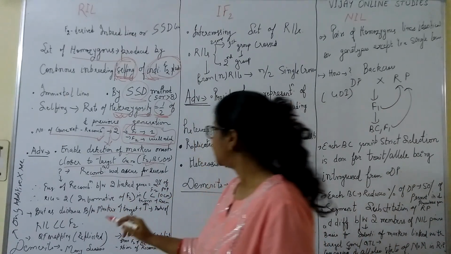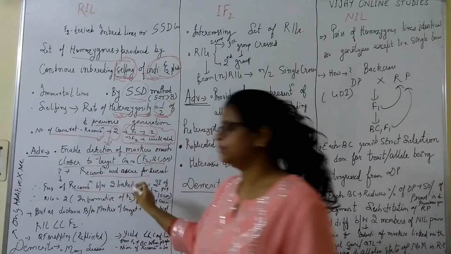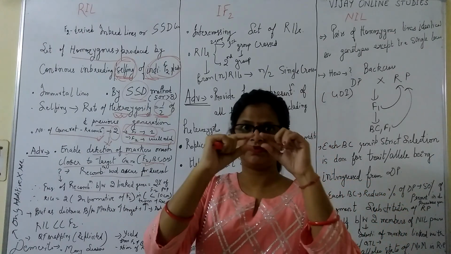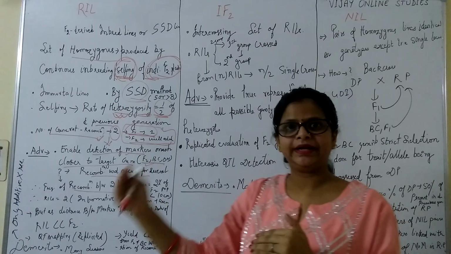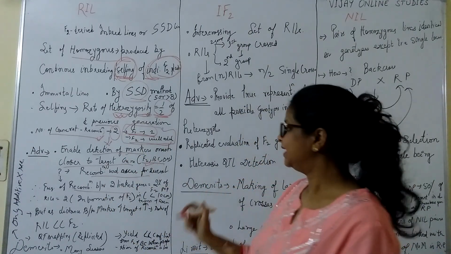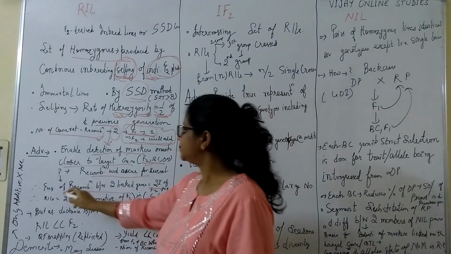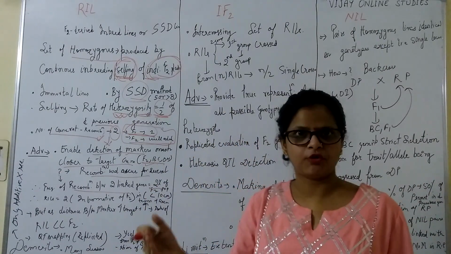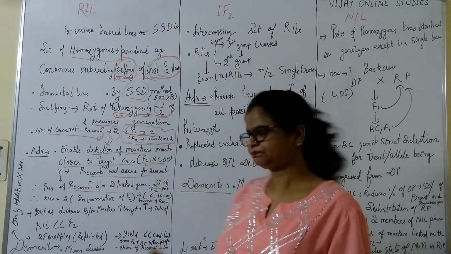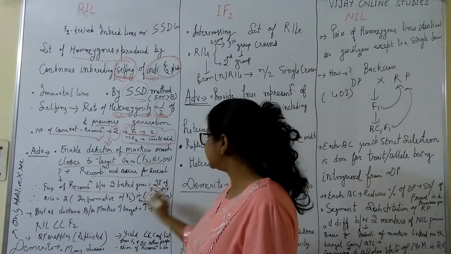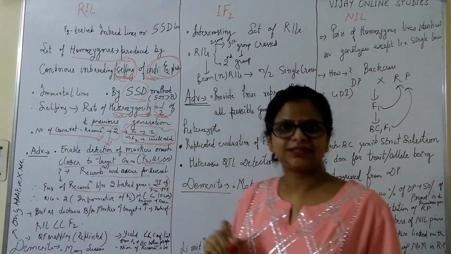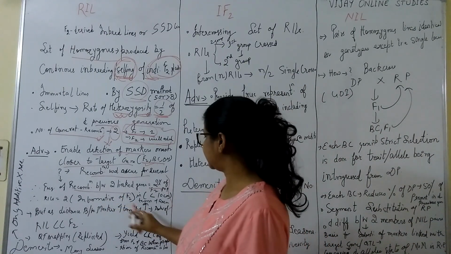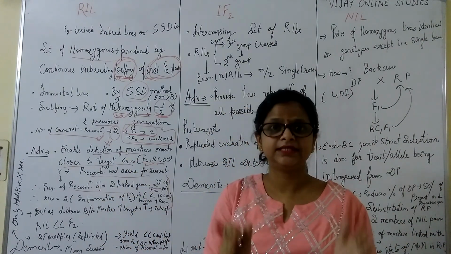That's why the frequency of recombination between two linked genes is twice that found in an F2 mapping population. That's why we also say that RILs are twice as informative as an F2 mapping population. But this has a limitation. That limitation is that the distance between marker and gene should be less than 10 centimorgan.